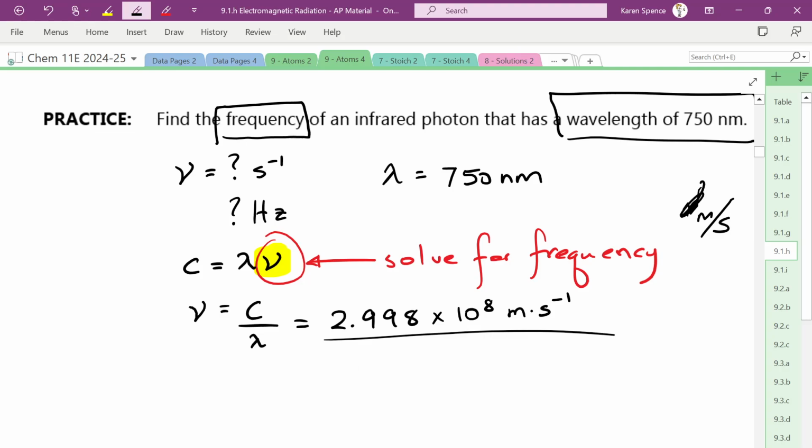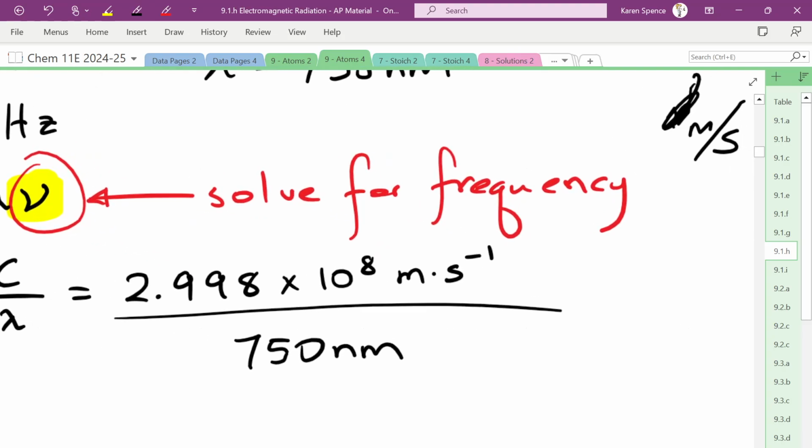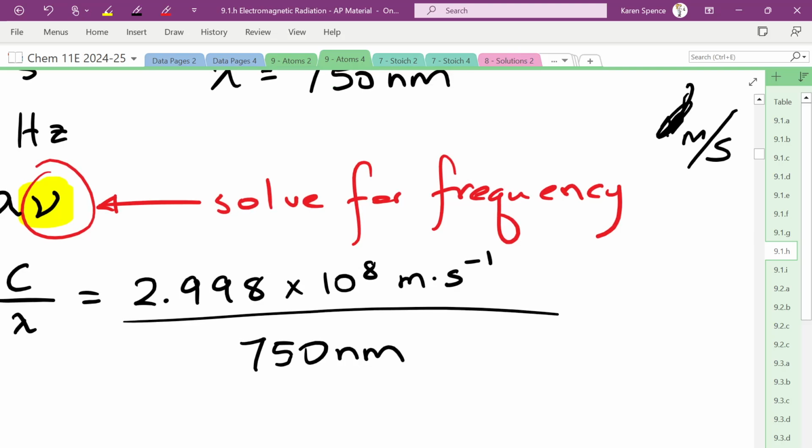Our wavelength, can I do this? Will that work? Why won't this work? Because here I have nanometers and here I have meters. Those will not cancel out. I want to cancel out and get seconds to the -1. So I need to convert 750 nanometers.